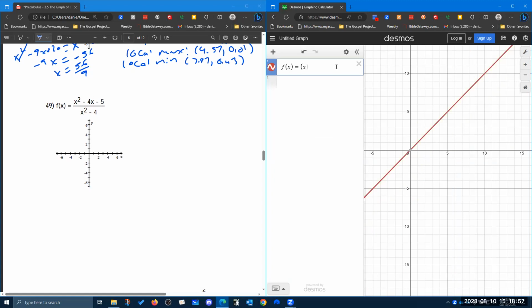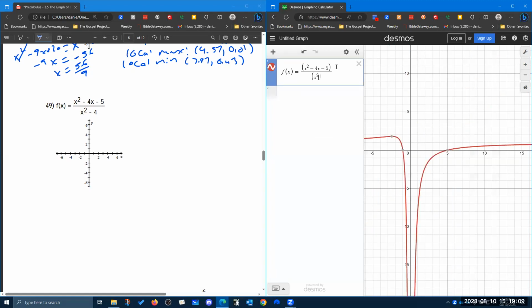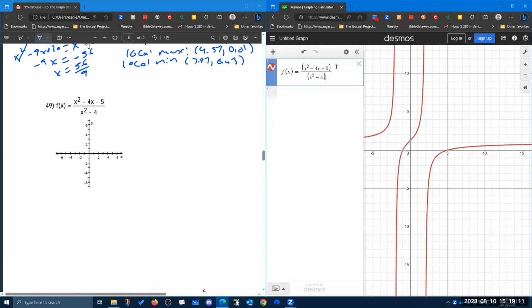Let's look at x squared minus 4x minus 5 divided by x squared minus 4. Again, going to look at the factored form here, x minus 5, x plus 1, x plus 2, x minus 2.